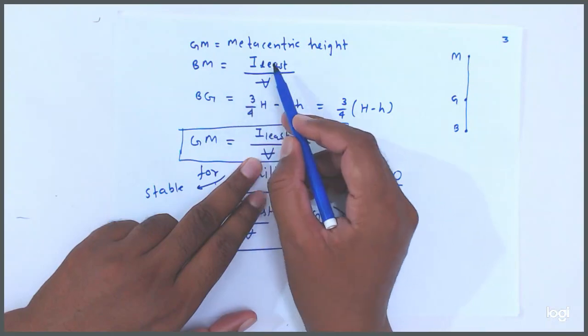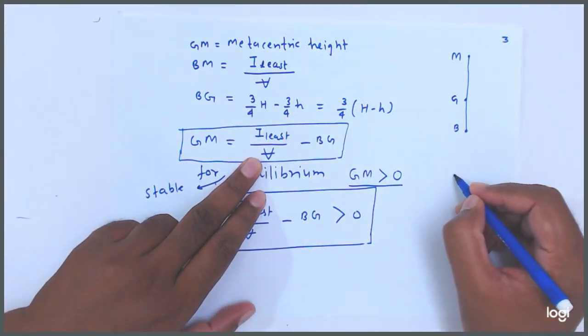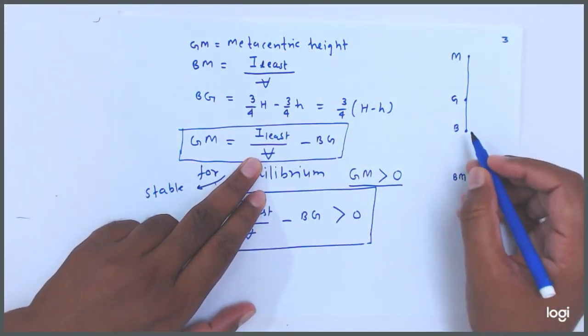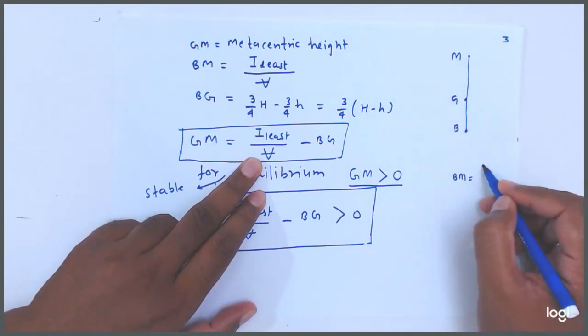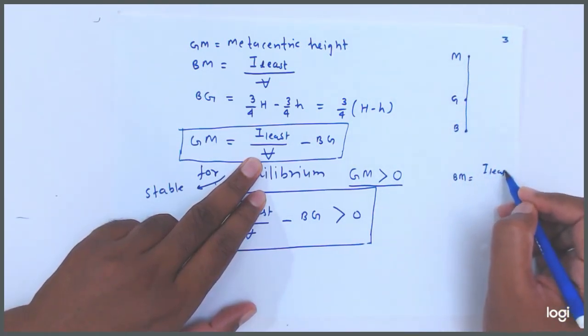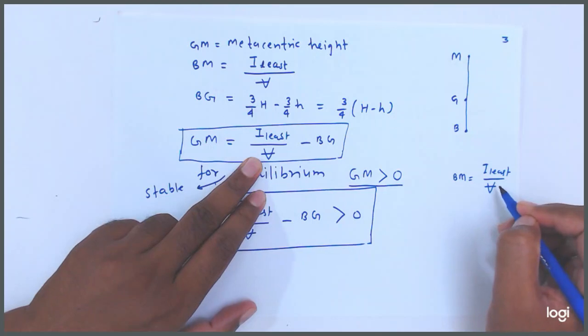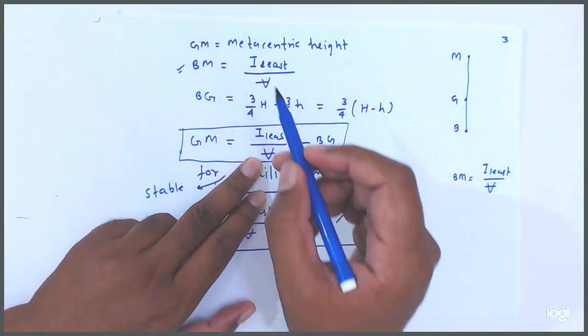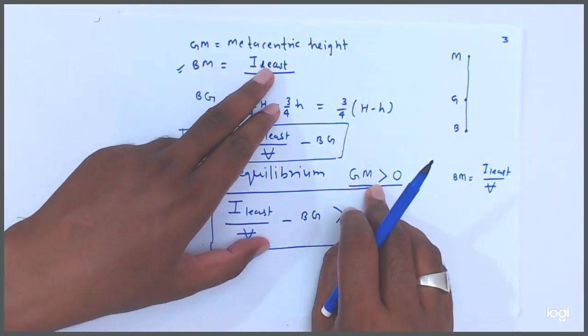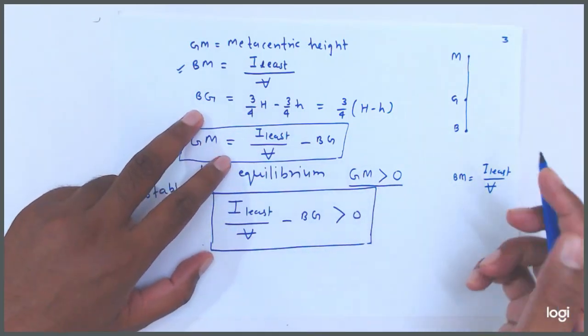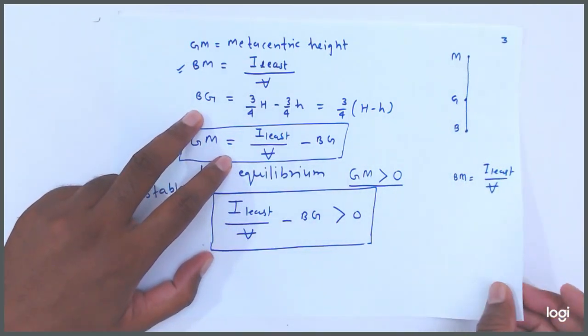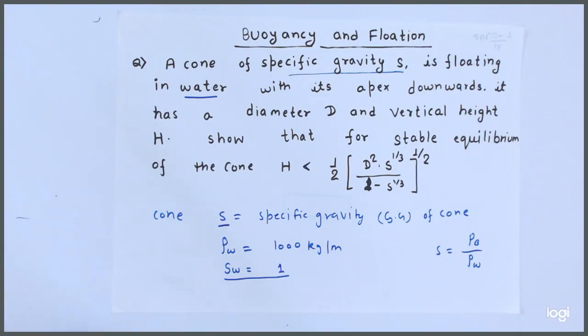This is BM. This BM value is equal to I least upon volume of liquid displaced, which is written here. BM is equal to this value, and BG is equal to what?